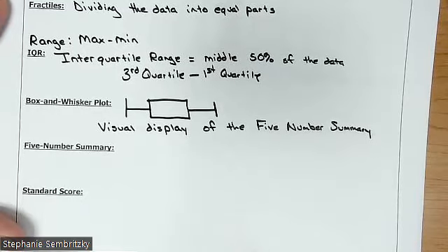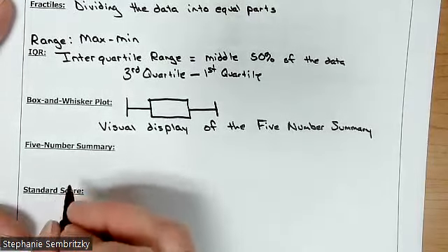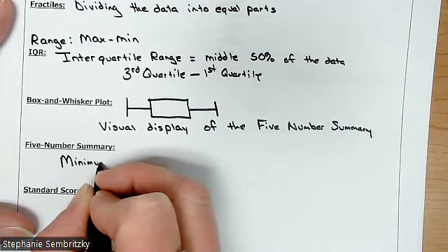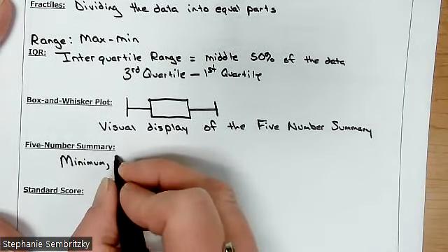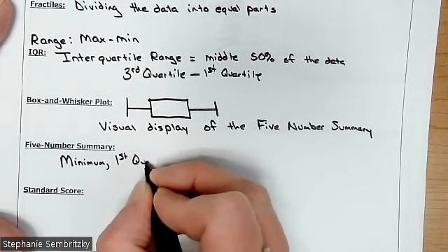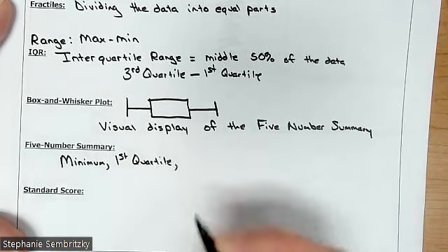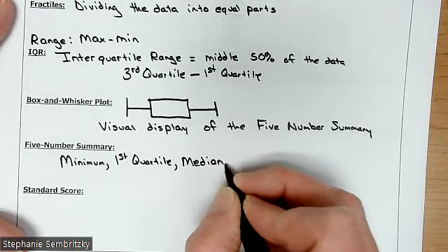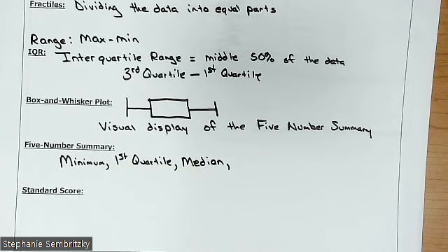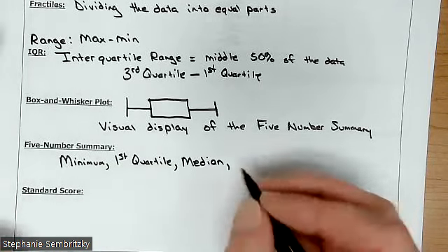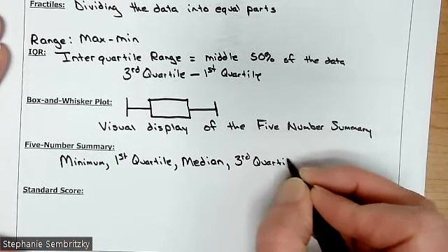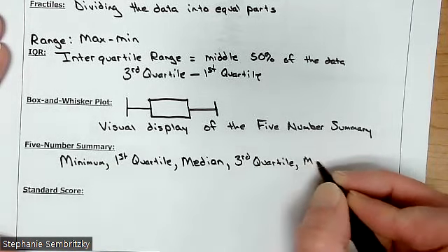Well, you may ask yourself, what is the 5-number summary? Well, the 5-number summary is the minimum value, the first quartile, the median, which would technically be my second quartile because it's in the middle, third quartile, and the max.